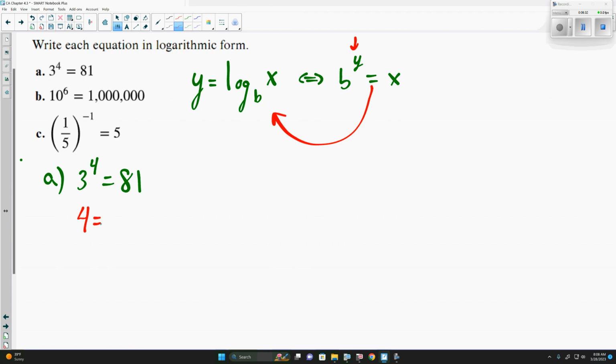So we have 4 is equal to log, our base, whatever the base of the exponent is, which is 3. And inside the log is what it was equal to for the exponential. So for 3 to the 4th equals 81, we have 4 is equal to log base 3 of 81. And that's it.